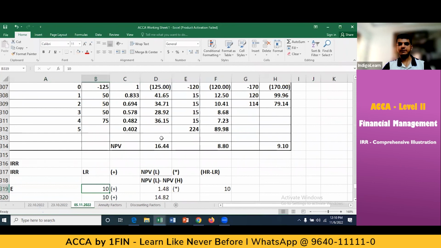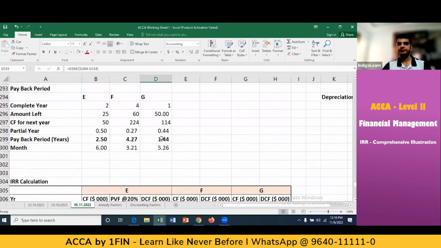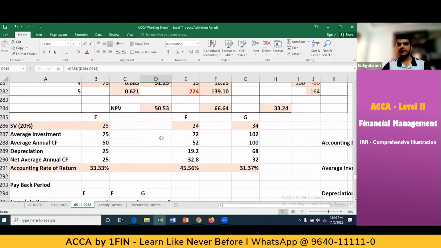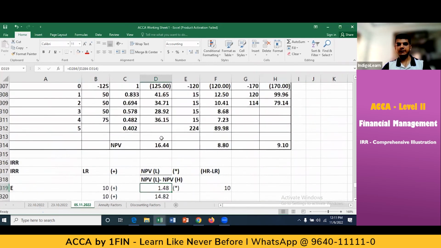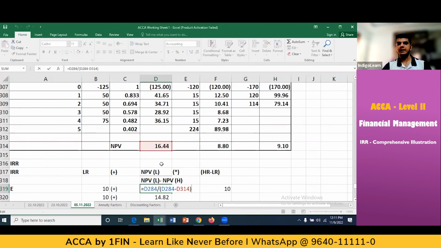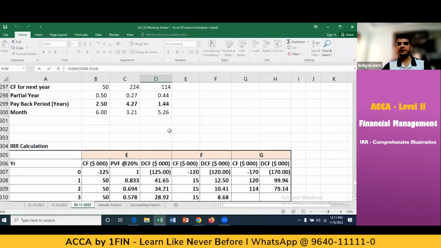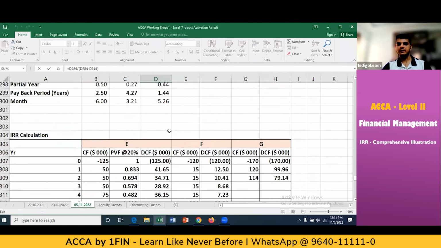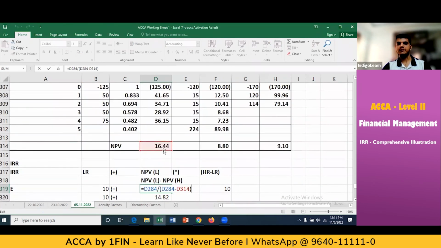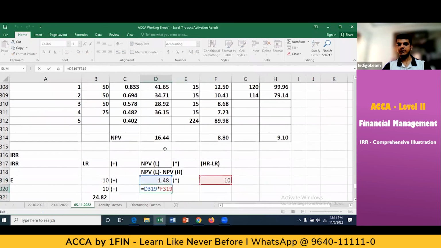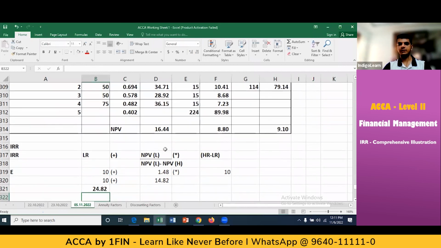So here it is 10%, that is the lower rate, plus NPV at lower rate, which is 50.53, divided by NPV at lower rate, 50.53, minus NPV at higher rate, that is 16.44, into the difference of rate, that is 10. When we multiply this, we'll get 14.82 plus the lower rate, totaling 24.82 as my IRR.